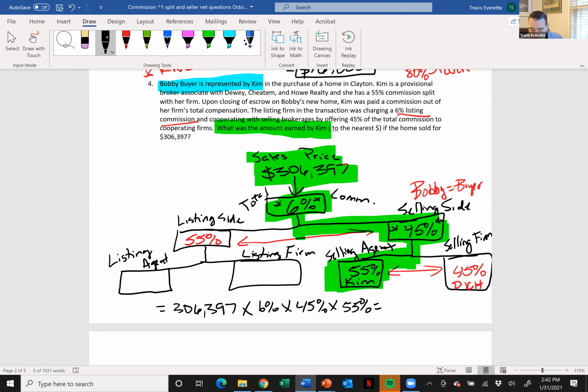And let's see what Kim's going to get paid here. 306,397 times 6% times 45% times 55%. Kim's going to get paid $4,549.9954. Of course, it said to the nearest dollar right there. So that looks like $4,550 to me, to the nearest dollar.